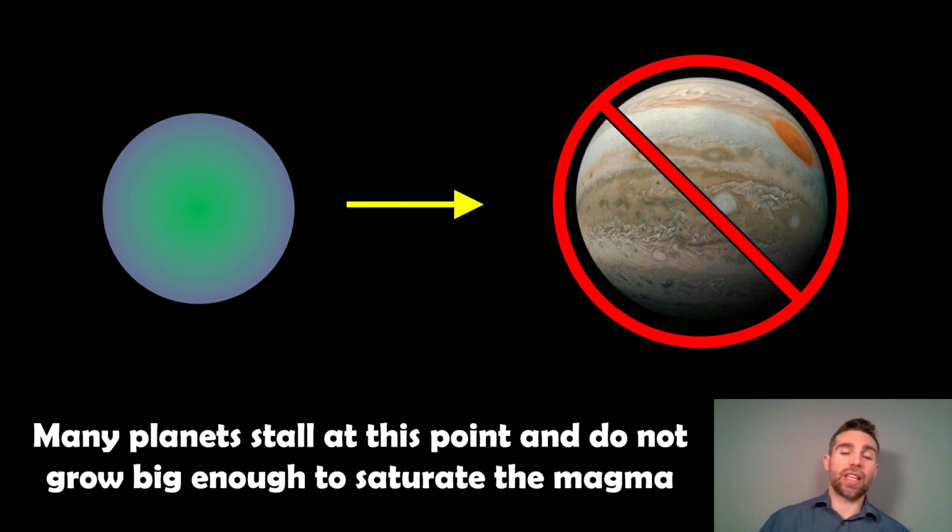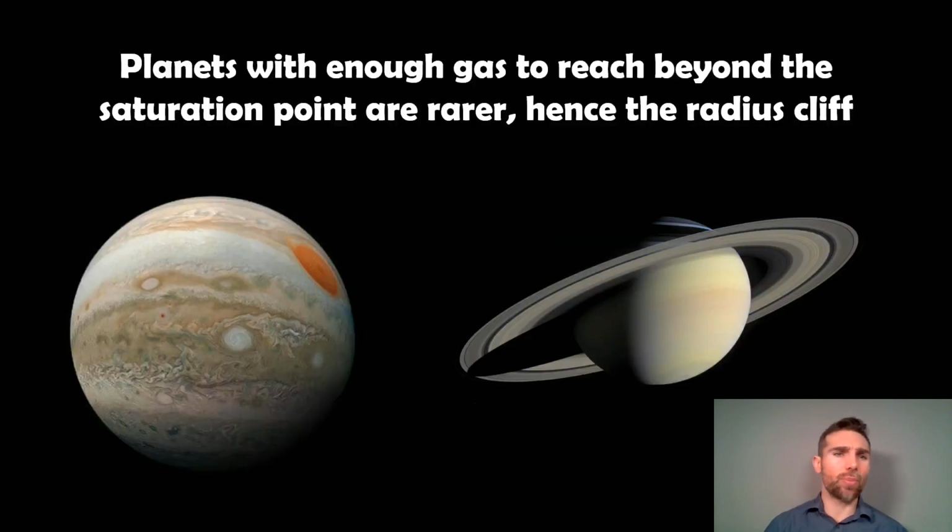So these planets start to grow, they then stall, and if they are able to get big enough, they go past that saturation point and continue to grow again. Most planets don't make it that big. So planets with enough gas to reach beyond this saturation point are rarer, hence you get that radius cliff.